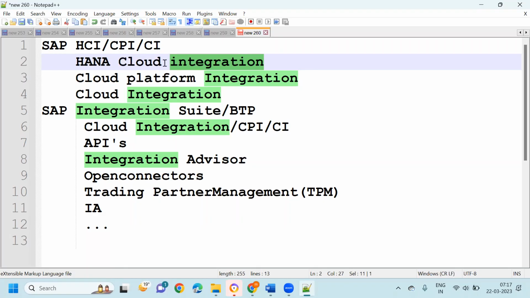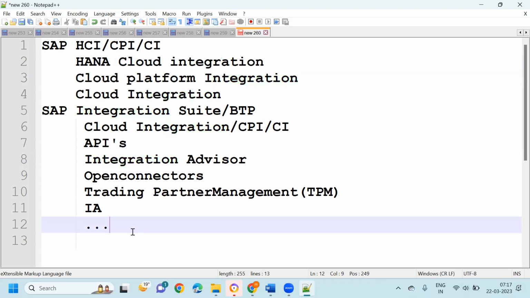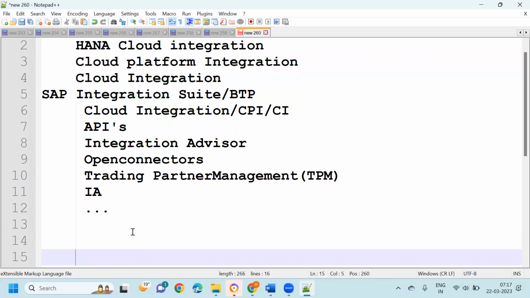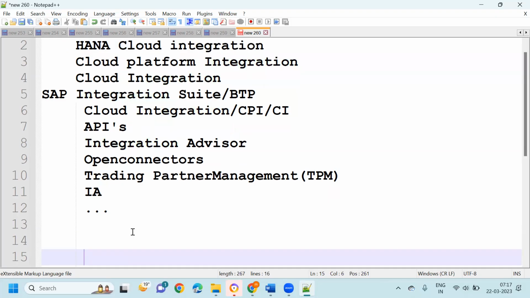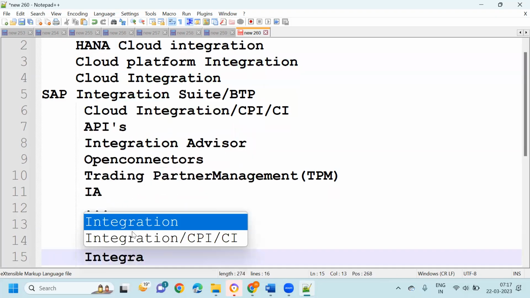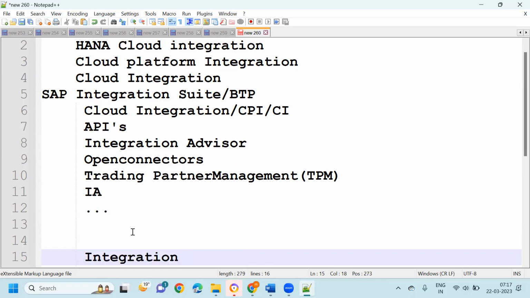If you observe the highlighted ones here, wherever you see that integration part, it means the purpose of this technology is only integration. So what is the use of this?